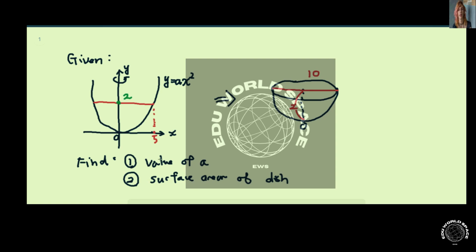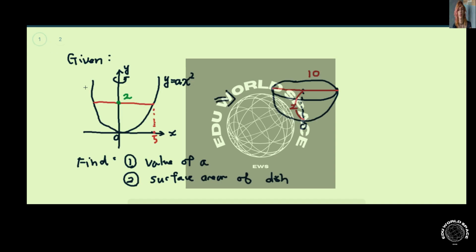Okay. So first, find a. Well, if you go back to the graph we just drew, this shows that this curve goes through x equals 5 and y equals 2.